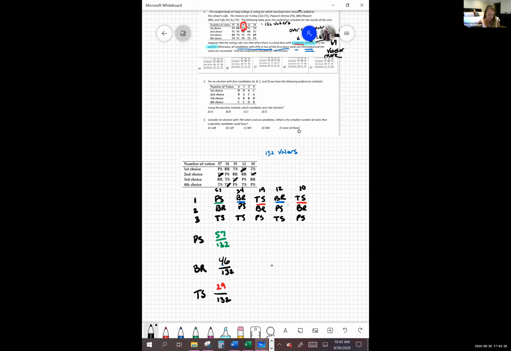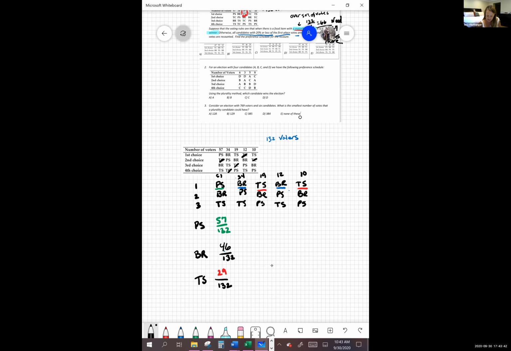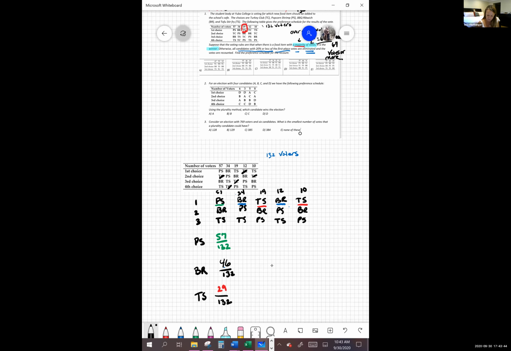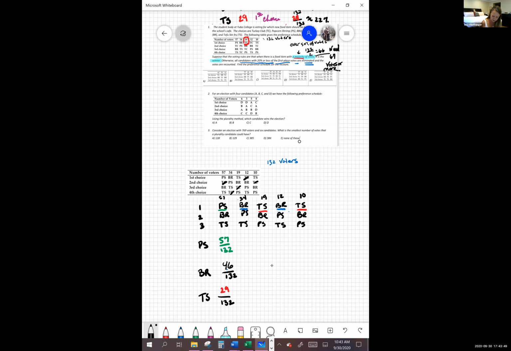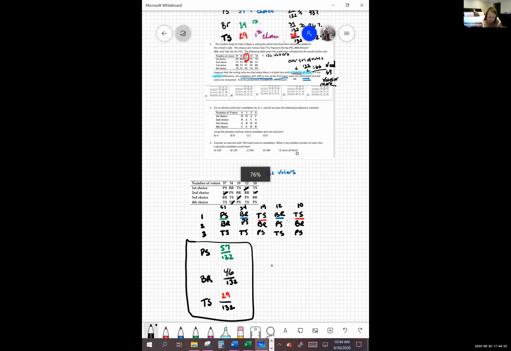Because this should sum to 132. So let me just check again. 57, 46 plus 29. That's 132. Okay. The other thing is that I guess they're going with this one. No one here falls below 20%. And I have to go back and look at it.